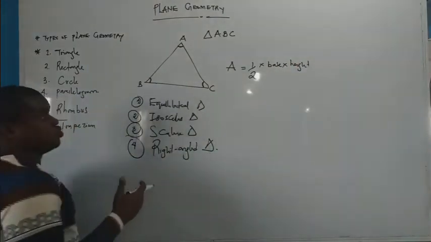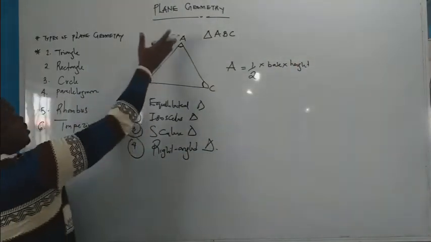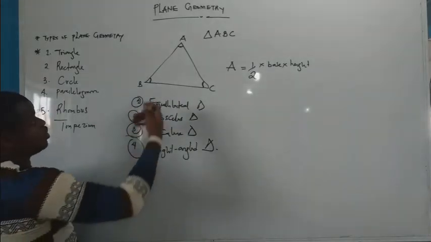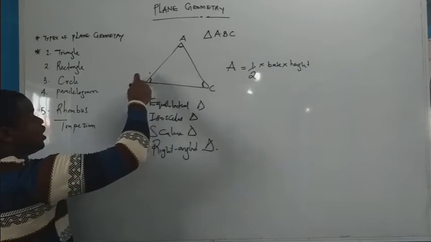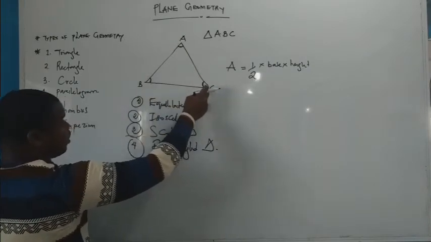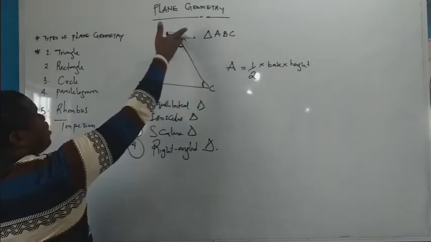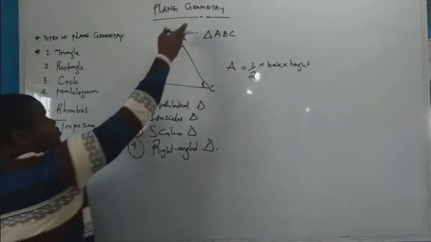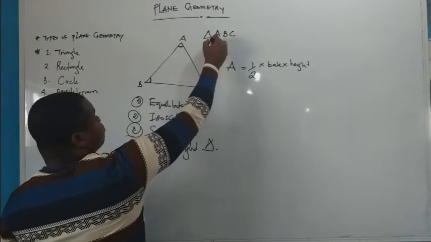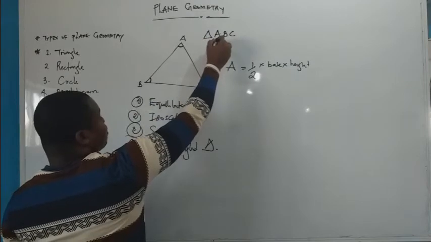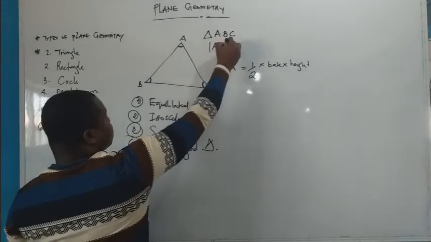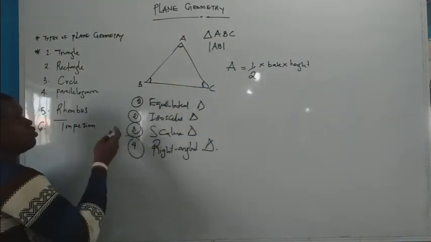If you look at this triangle now, and you are asked to calculate its area, we have point A, point B, and point C. This is called side AB, and to represent side AB, you draw a short straight line and write AB. This is side AB.